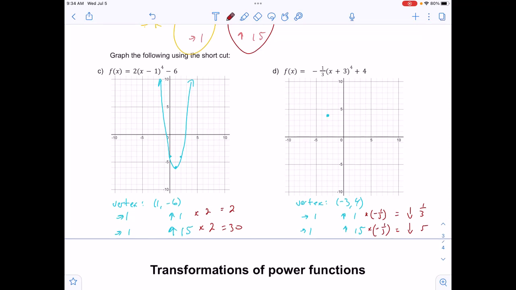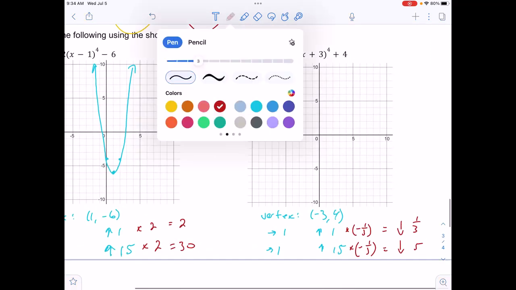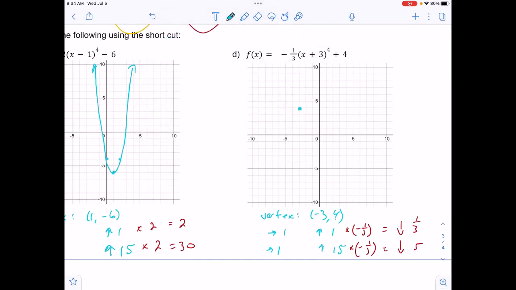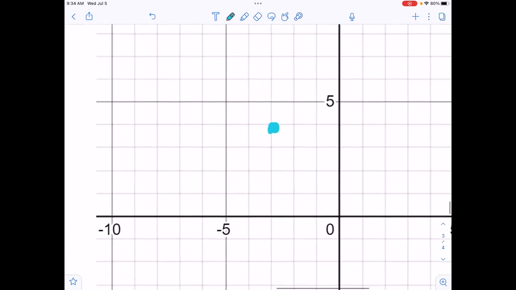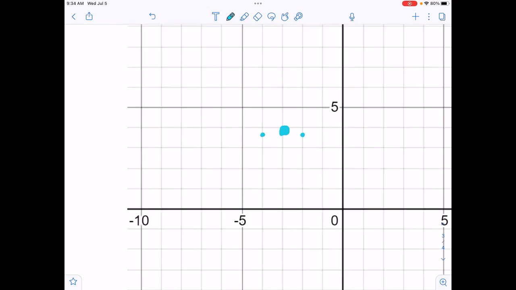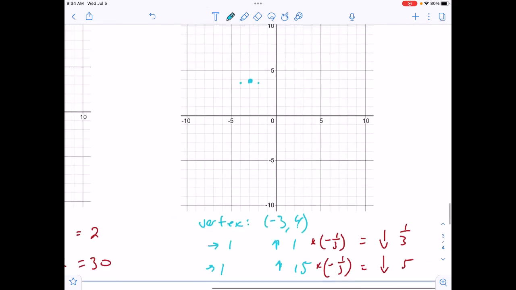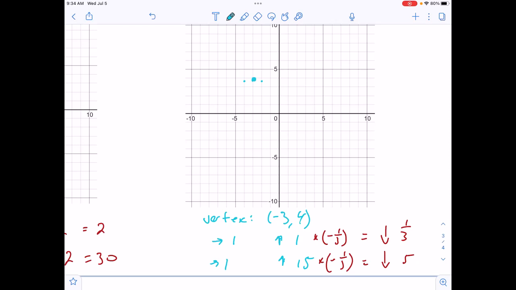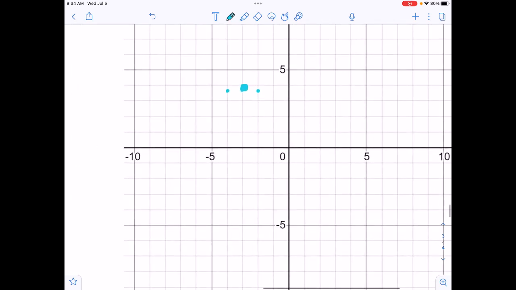So I should be able to get both of them on this graph. Okay, right by 1, down by a third. Ooh, gotta zoom in for this. Ish. Hopefully that's there. And then right by 1, down by 5.